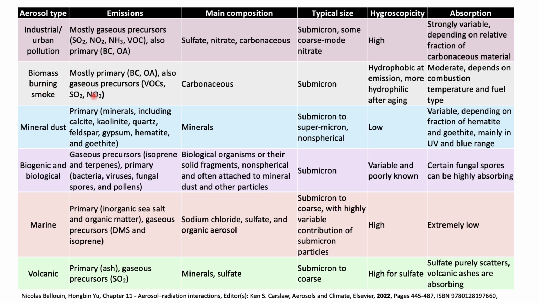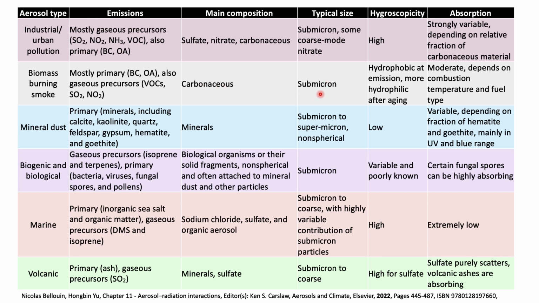One is the biomass burning. So here mostly the black carbon and the organic aerosol, also gaseous precursors of volatile organic carbon, sulfur dioxide, nitrogen dioxide, or the gases which are producing the biomass or the burning smoke. The main composition is basically carbonaceous materials, that means carbon containing compounds.